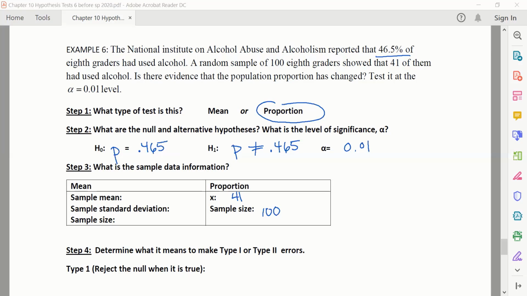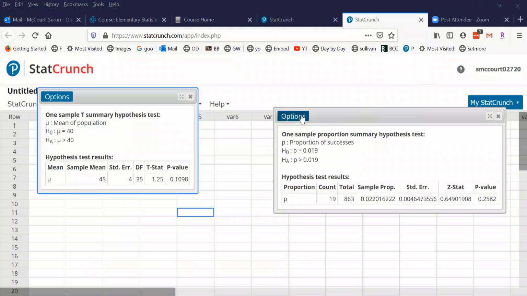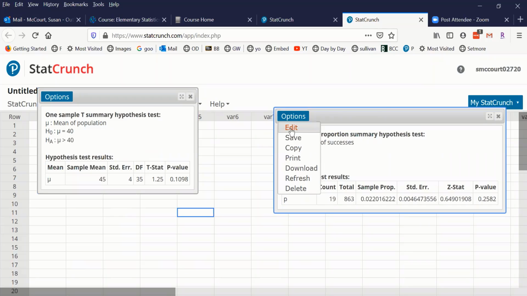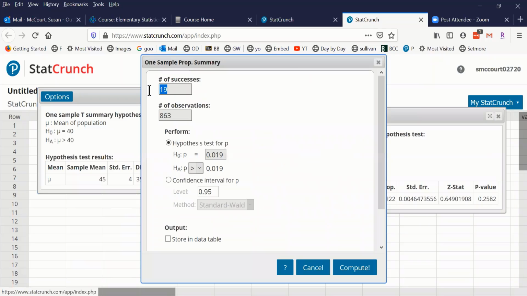So now we go to StatCrunch. And it's a proportion test. So we have 41 out of 100, and P equals 0.465, and P not equal to 0.465.